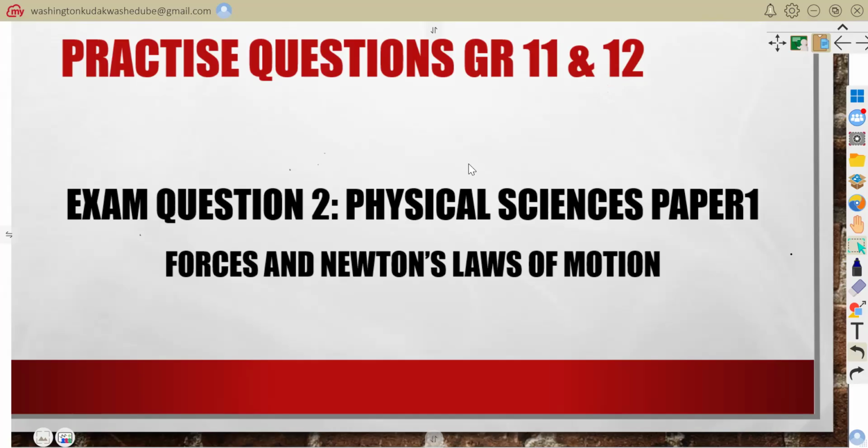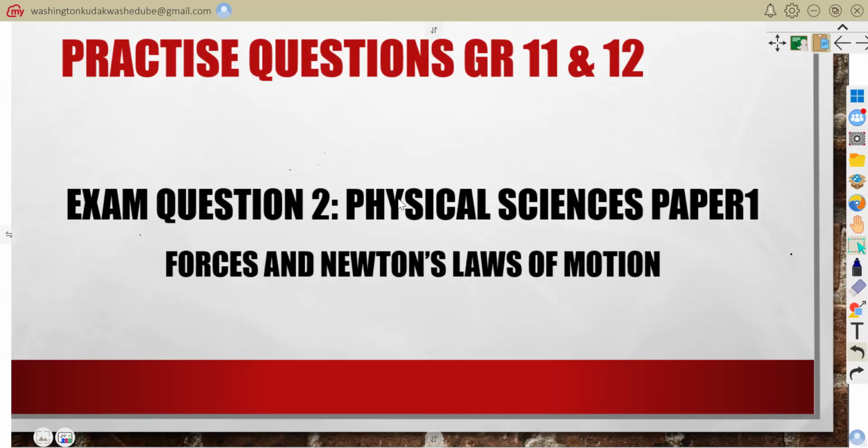So what we have been doing is a recap of what we did in grade 11 so that we can catch up as we are now in grade 12. When it comes to exam questions, this topic that you term forces and Newton's laws of motion, you will always find it on question number 2 after your multiple choice question. So this question is always on question number 2, and you need that knowledge from grade 11.